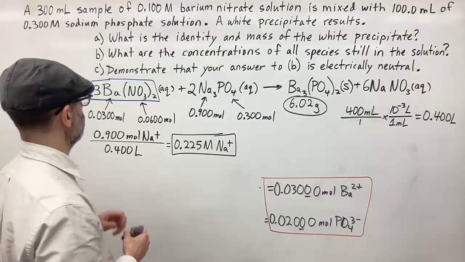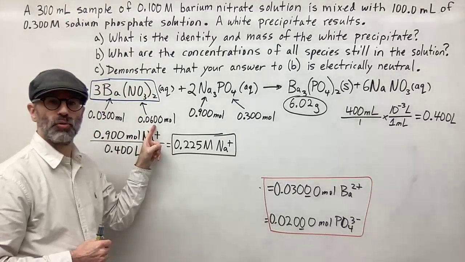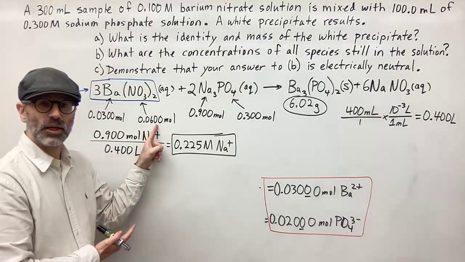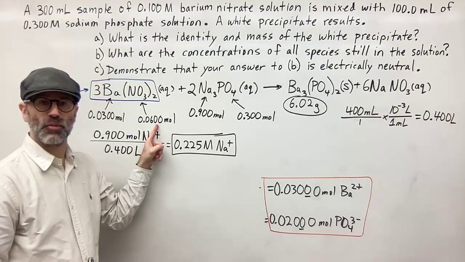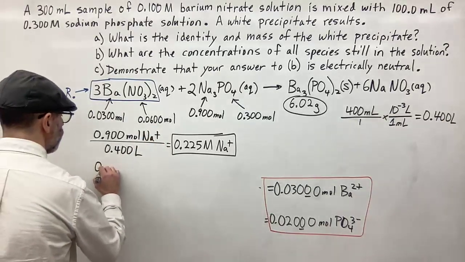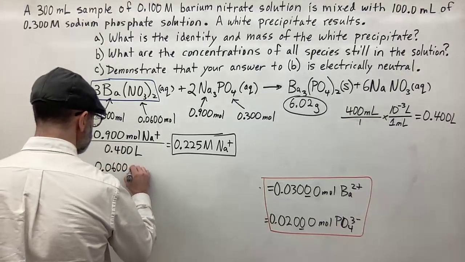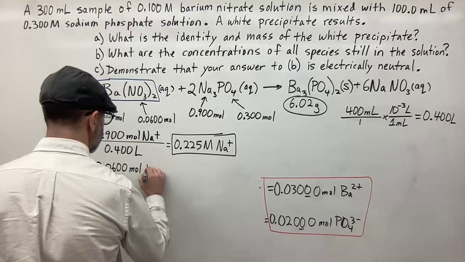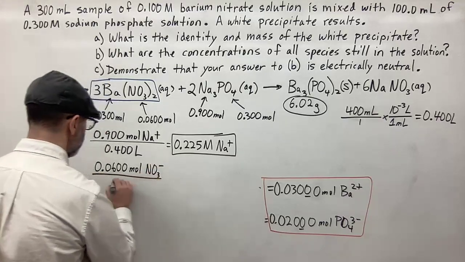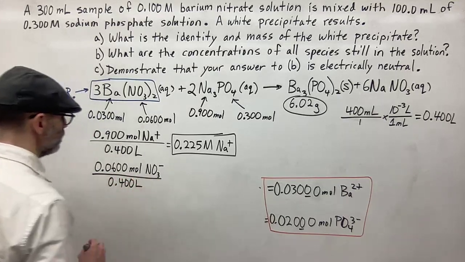And we can do the same thing with nitrate. So nitrate stays the same. We started with 0.600 moles. We still have 0.600 moles. So we're going to take 0.0600 moles of nitrate ions, divide that by 0.400 liters.